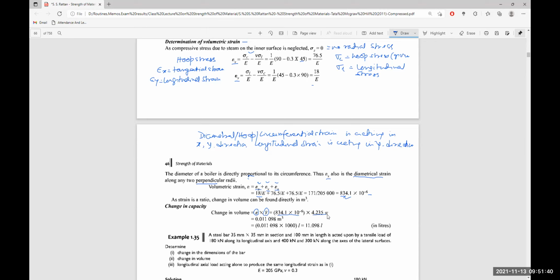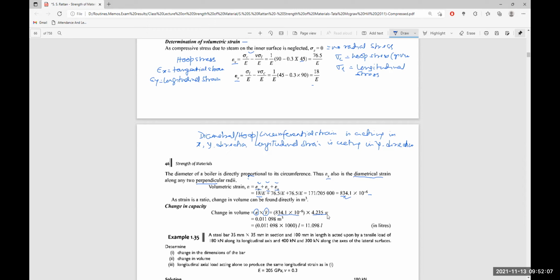So the change in volume is 0.011098 m cubed.